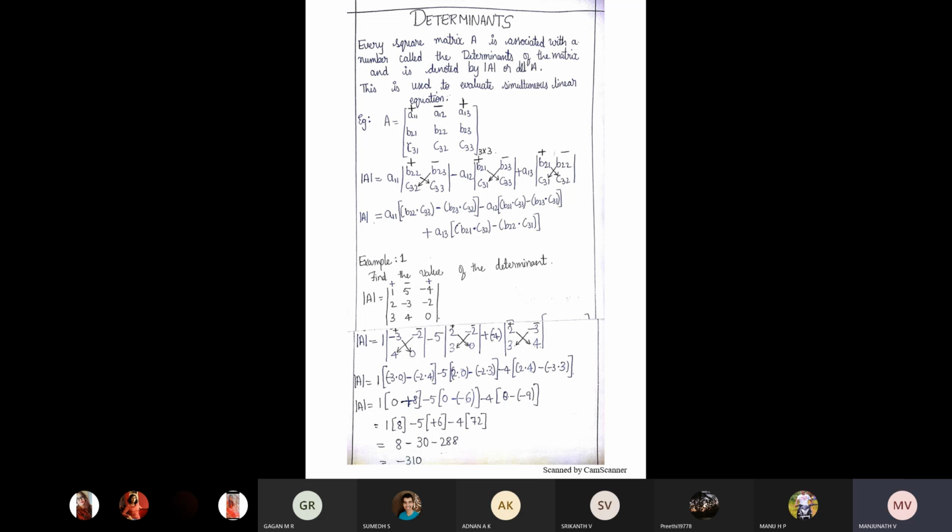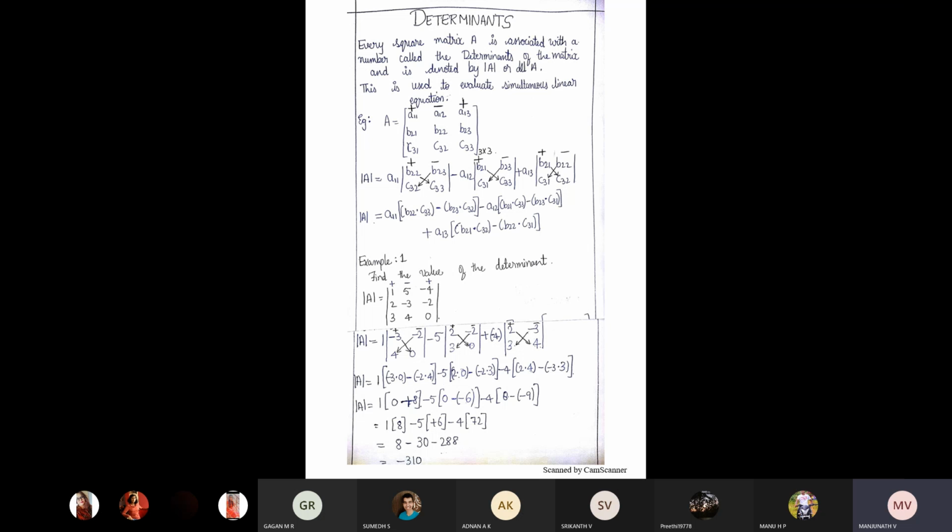Next C, the third row: C31, C32, C33. Sorry, there is some difference, don't consider that.